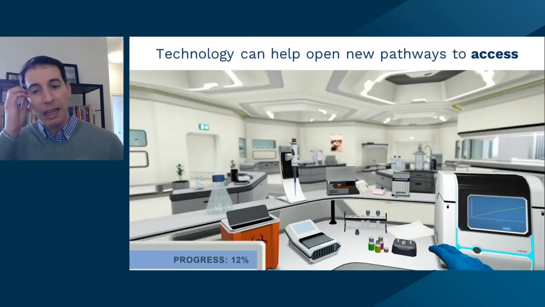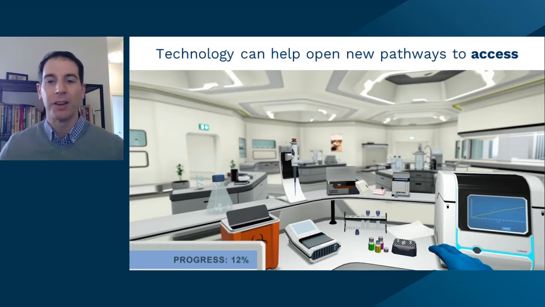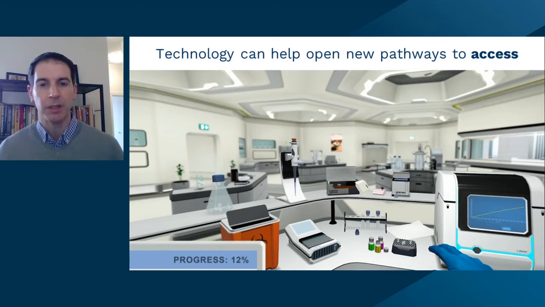So my company, Labster, essentially creates virtual science labs for university students and high school students. And really our vision is to create a world-class laboratory for anyone, anywhere in the world. You may not have a well-funded, beautiful university laboratory right next to your house, but at least we can give you an experience here and walk you through the science and make it come alive a little bit in an immersive experience.